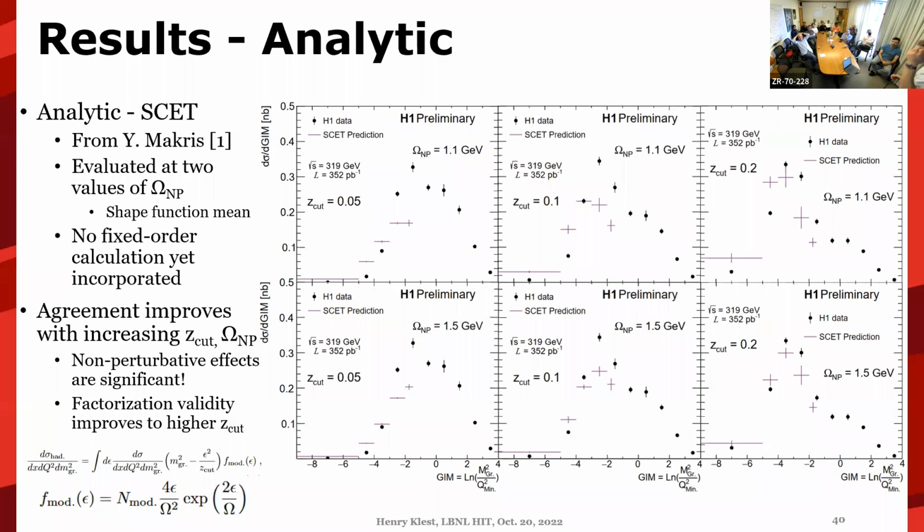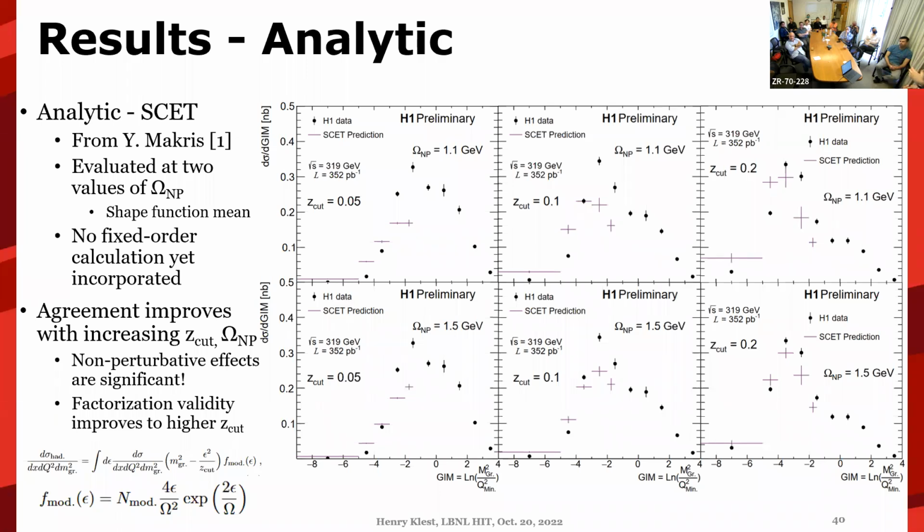We also have some comparison to analytic predictions from Yannis Makris, who some of you probably know. So here we have, for the three Z-cut values that we've measured, analytic predictions at different values of omega NP, which is the mean of the shape function used to generate the prediction. And really, I mean, they're not so great, right, these predictions.